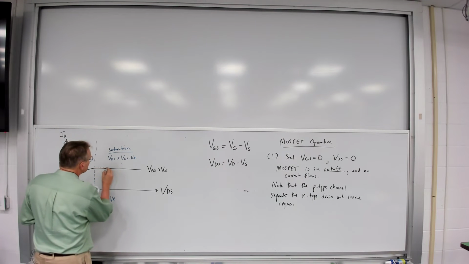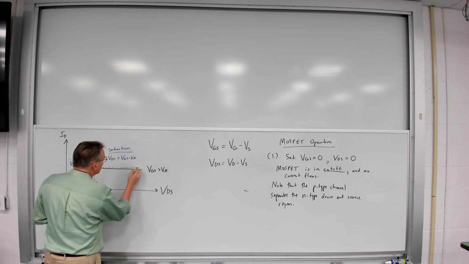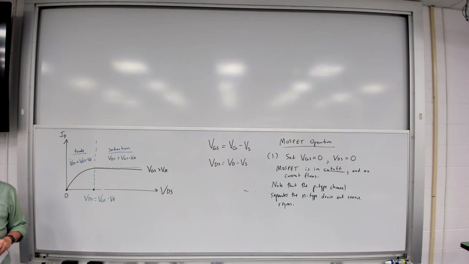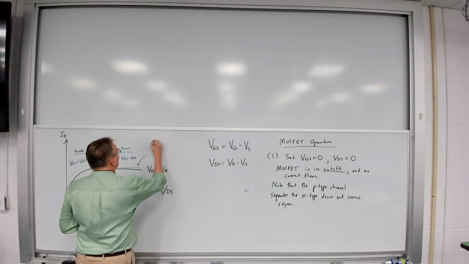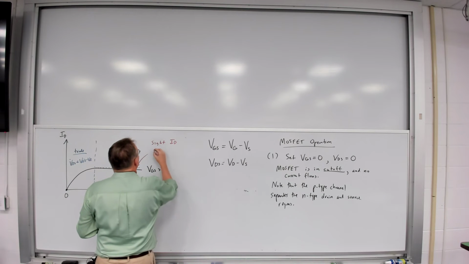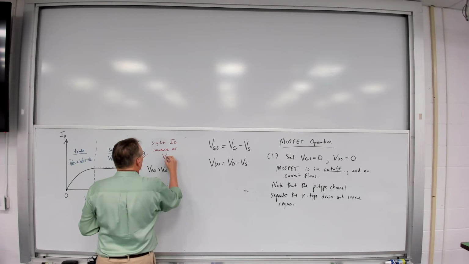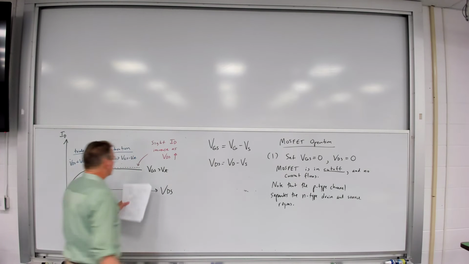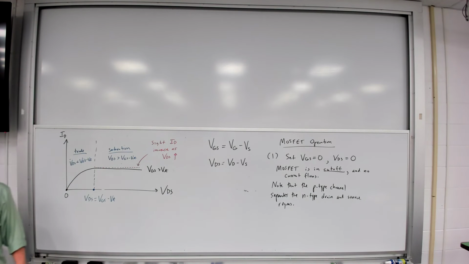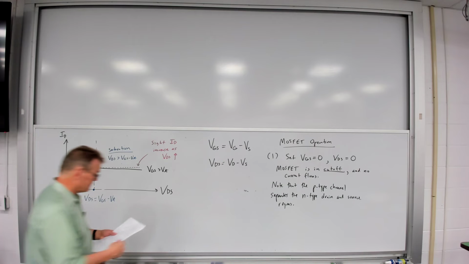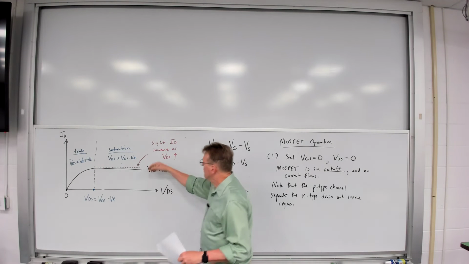But in practice, we will see a slight increase of drain current as VDS gets larger. So it's not accurate to say the current remains completely constant. It will increase slightly. The channel geometry is not completely invariant. So this is our actual current.